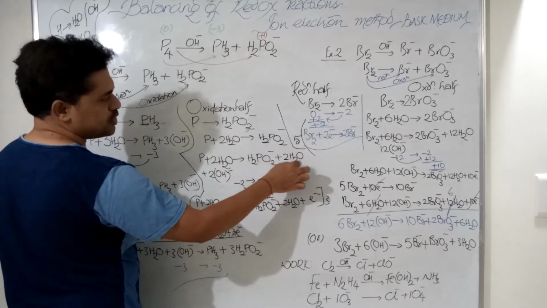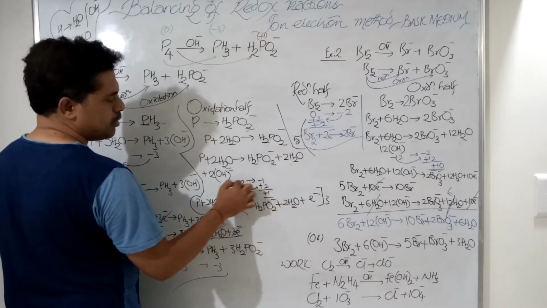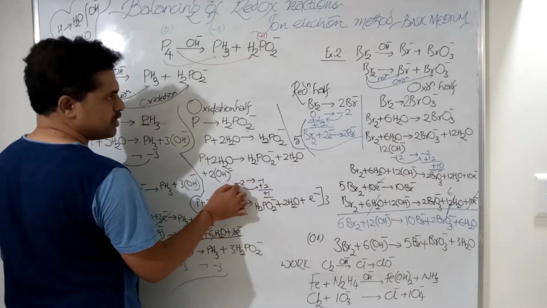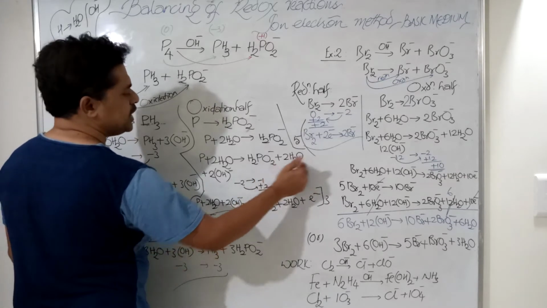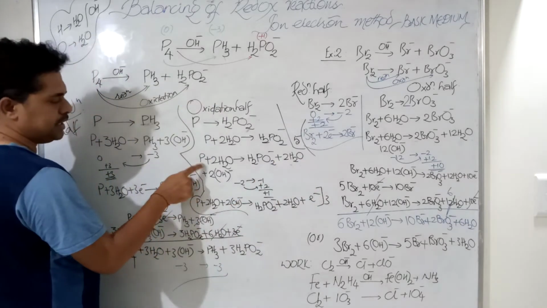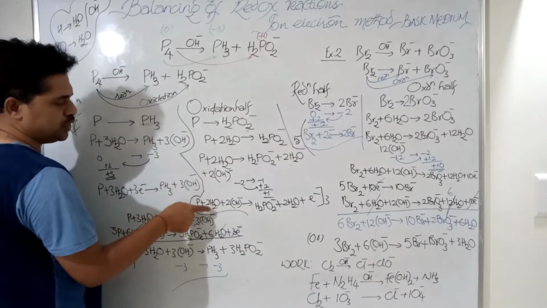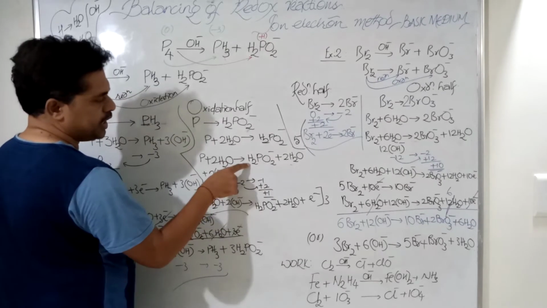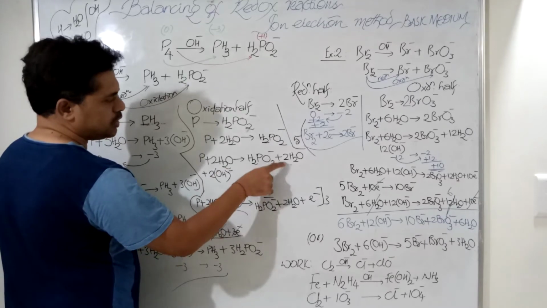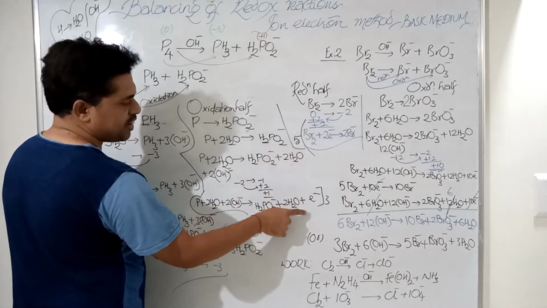Right hand side: this is neutral, this is minus 1. Minus 2, minus 1. Minus 2 is the lower value, so it goes this side, getting one number, which means on this side you need to add 1 electron. P plus 2H2O plus 2OH minus gives rise to H2PO2 minus plus 2H2O, and 1 electron we are adding here.